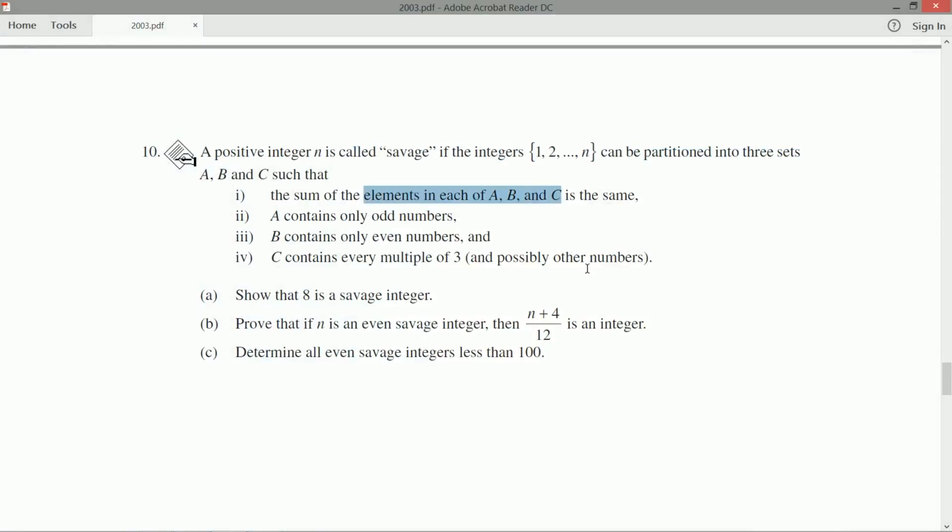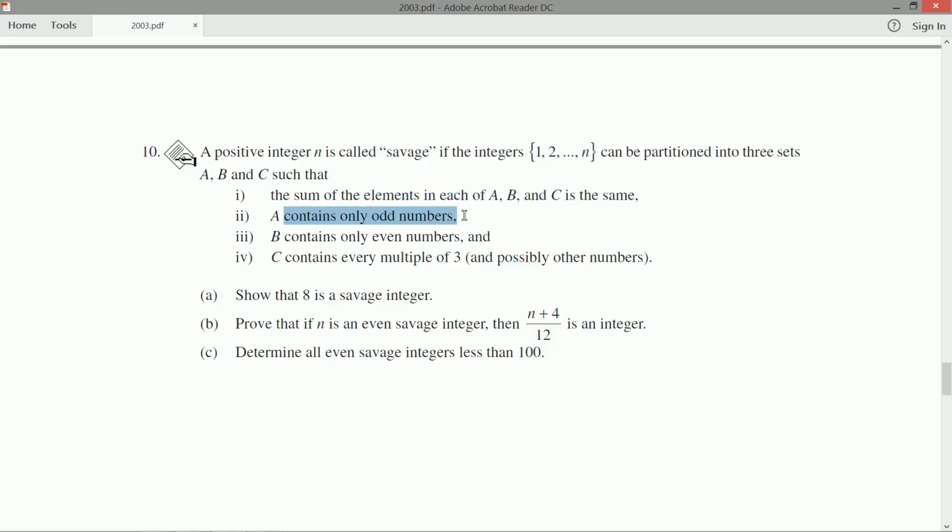Okay, so immediately that tells me, without reading any more of this, that we have to be able to add up the numbers from 1 up to n and have that be divisible by 3. So already I think that limits what n can be. n has got to be a multiple of 3 or one less than a multiple of 3. Interesting stuff. And I'll explain that a bit later if we're required to.